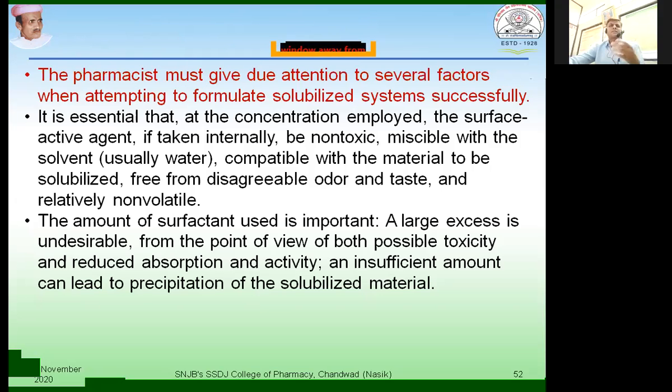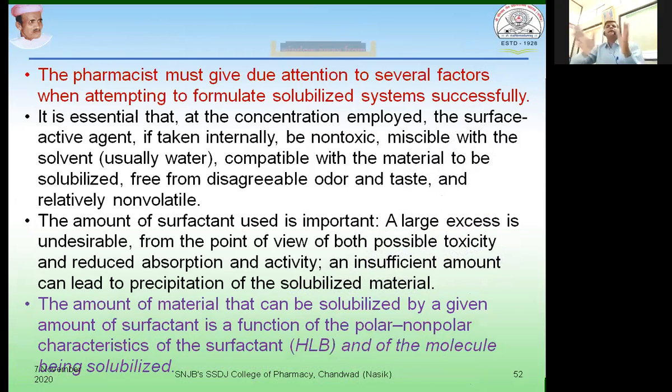No extra amount of surfactant should be there. Excess surfactant can lead to toxicity, or reduce the absorption and activity of your active ingredient, and an insufficient amount can lead to precipitation. So finding the optimum concentration will be a trial and error kind of thing, to understand how much surfactant you have to use for solubilizing the given material.